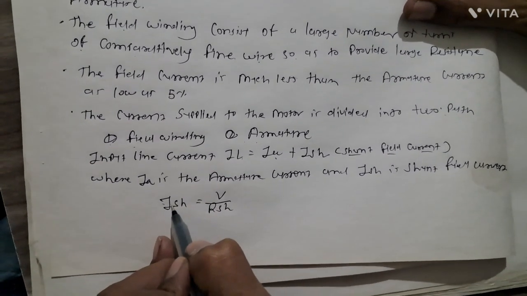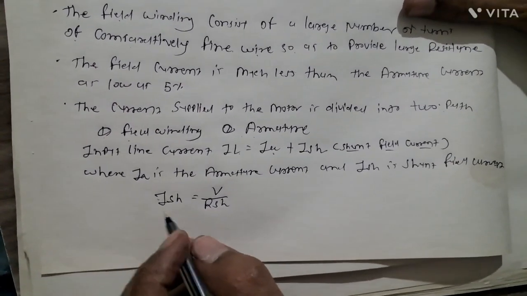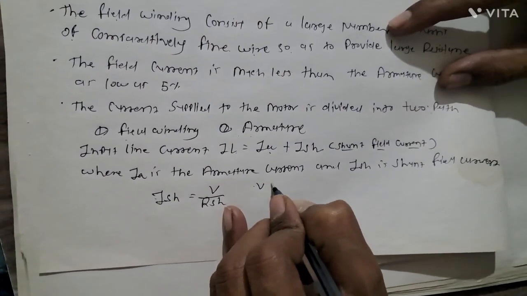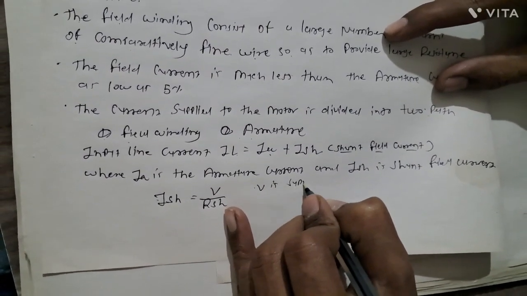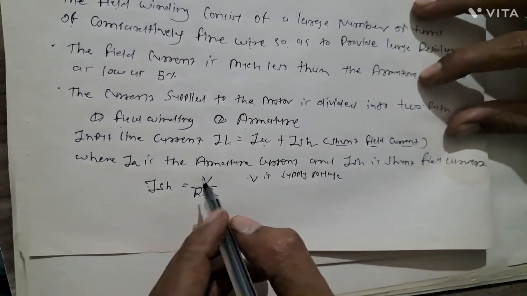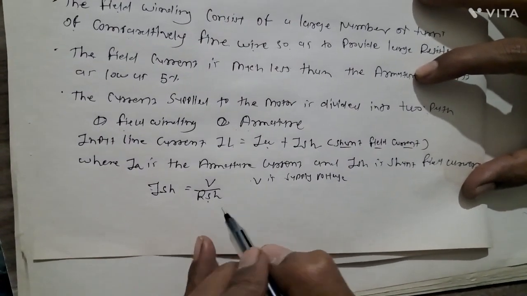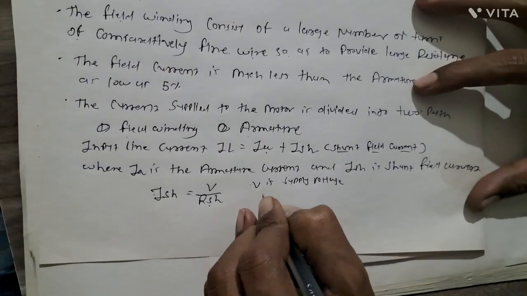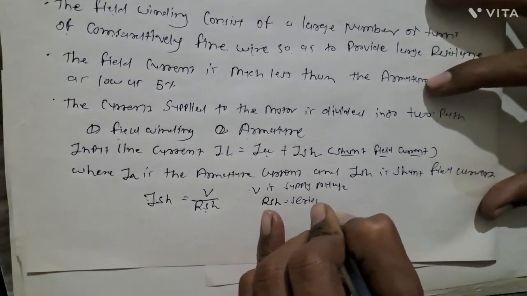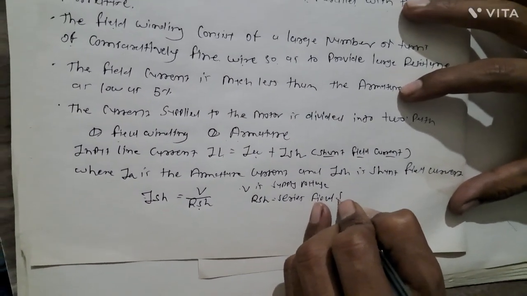V is the supply voltage, and RSH is the shunt field resistance.